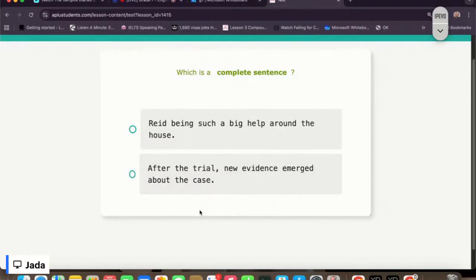So we have: "After the trial, new evidence emerged about the case."